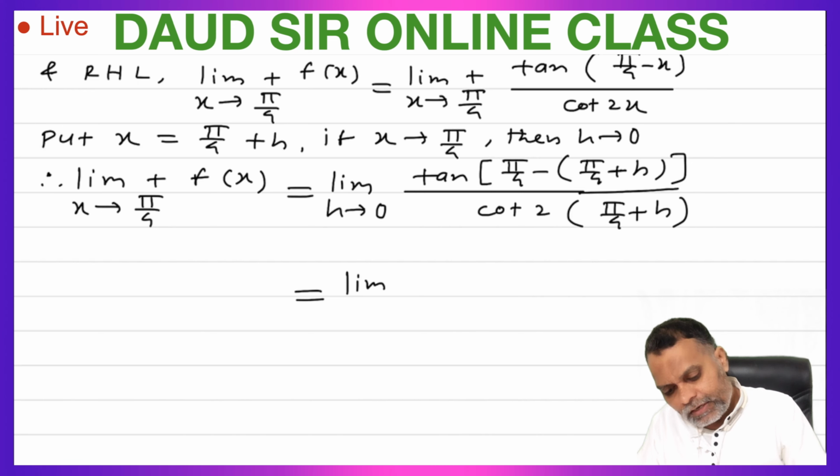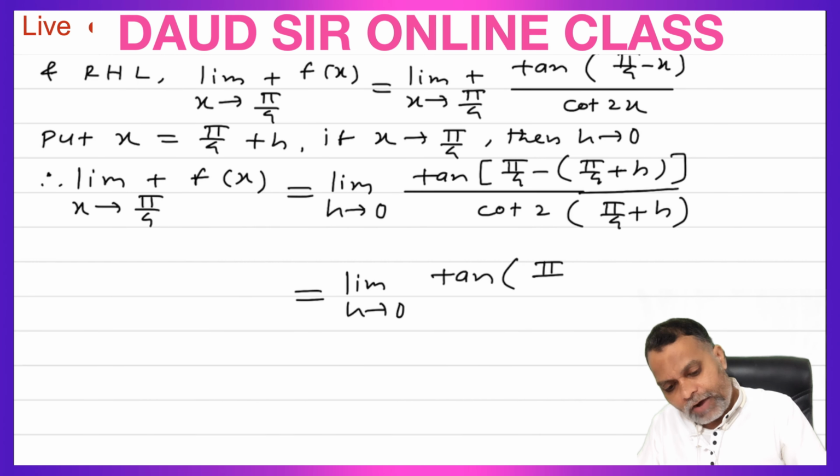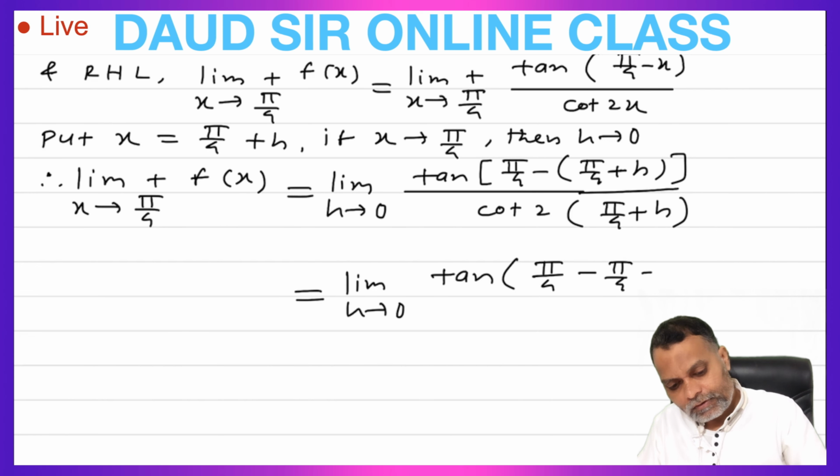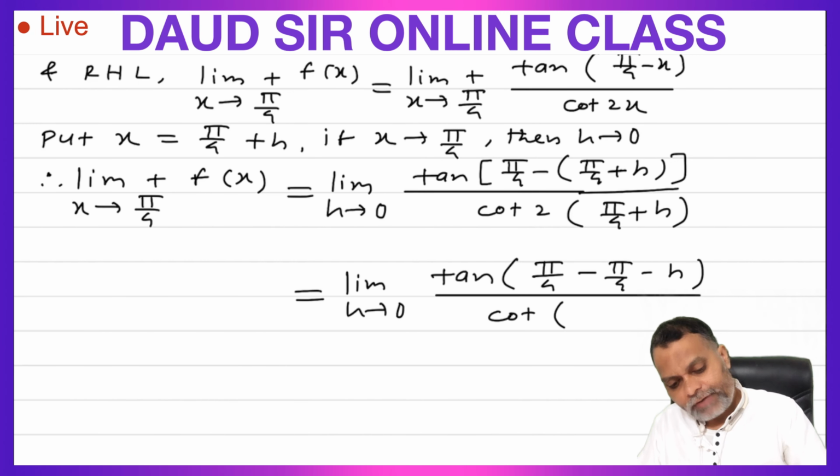Limit h tends to 0 tan of pi by 4 minus pi by 4 minus h upon cot of 2 into pi by 4 plus 2h.